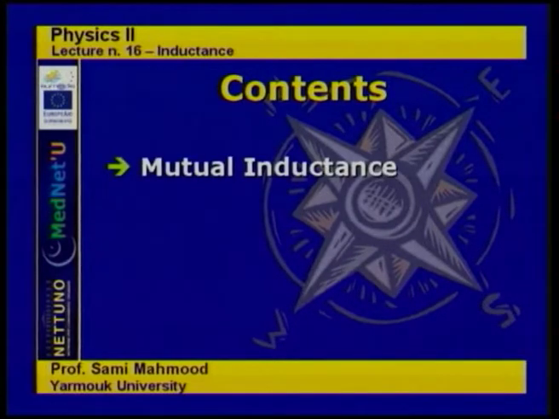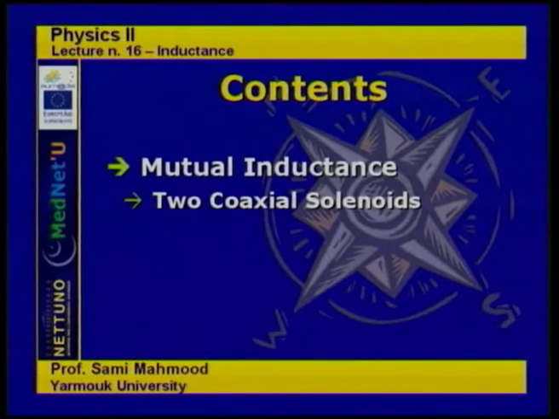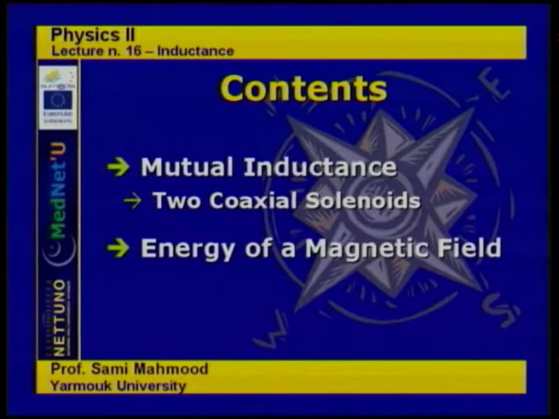And then we will introduce the concept of the mutual inductance. We will consider two coaxial solenoids and evaluate the mutual inductance for them. And then we will derive the energy in a magnetic field.